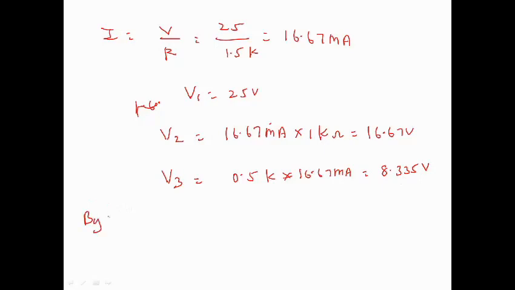By KVL, V1 should be equal to V2 plus V3. Your V1 is 25, V2 is 16.67, and V3 is 8.335. If you verify, this will be 25, and you can say hence KVL is verified.